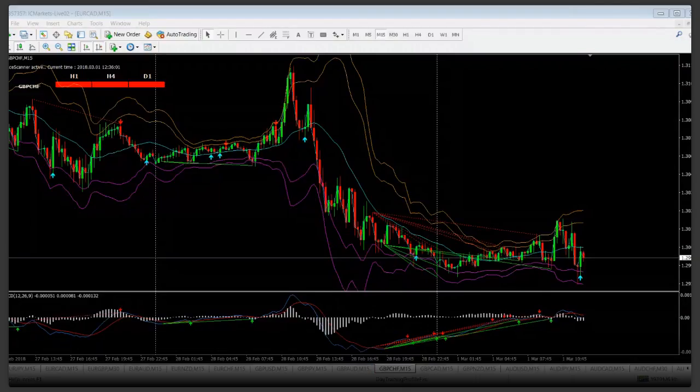So 2 open positions at the minute, both buy trades in the British pound CAD and the British pound Swiss franc.